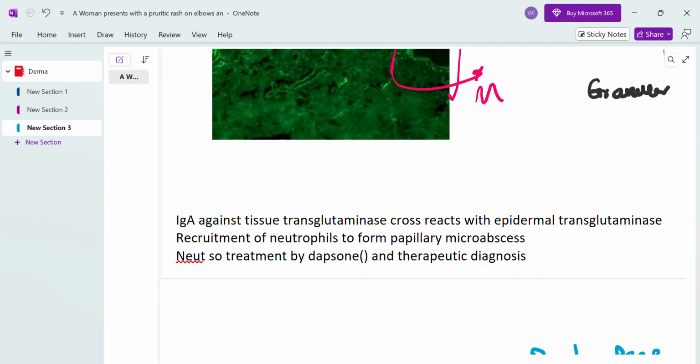As a rule, we can remember that in neutrophilic conditions, the treatment is by dapsone, colchicine and steroids. Here we have written that the treatment is by dapsone, and the response is so rapid that dermatitis herpetiformis can also be diagnosed therapeutically. What are the other neutrophilic dermatoses? Please give the answer in the comments. So this was the pathogenesis.